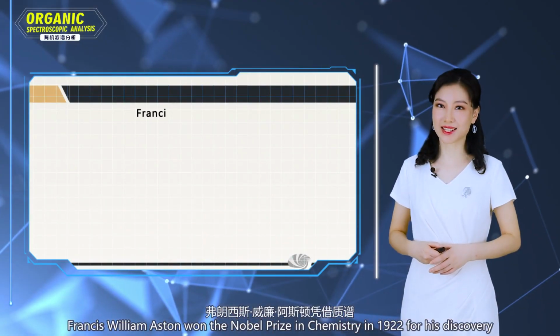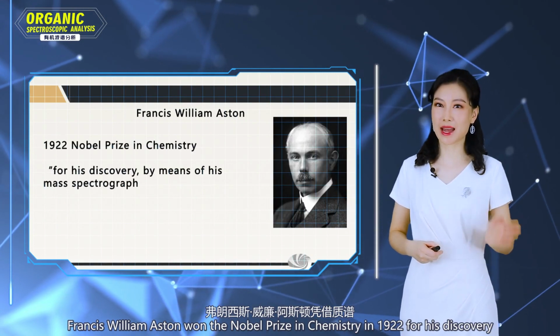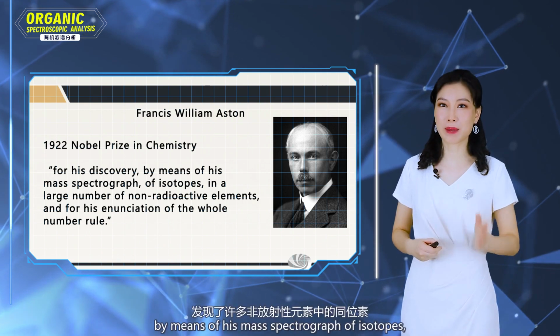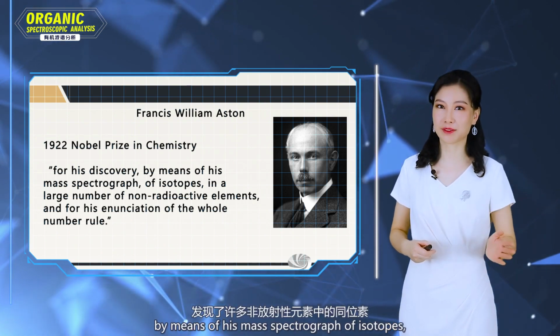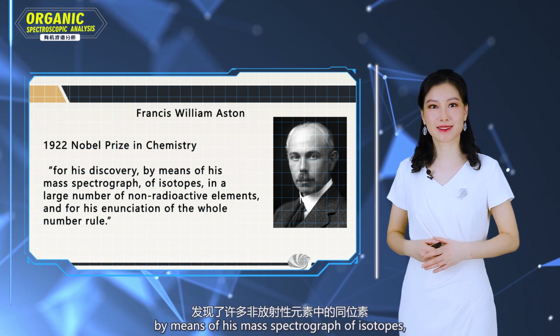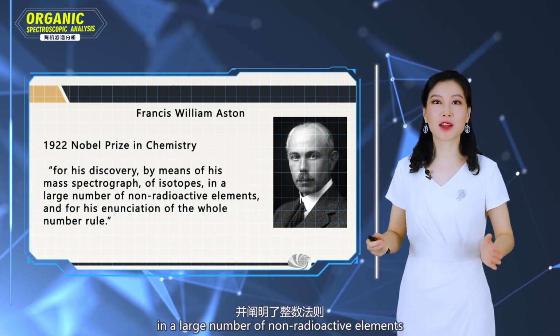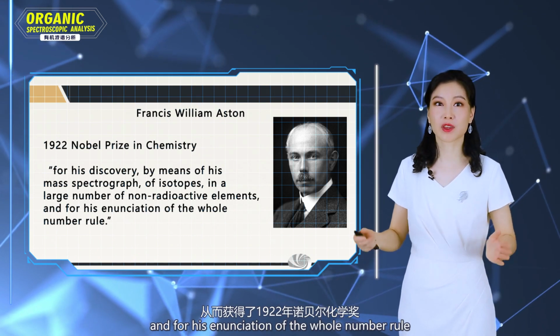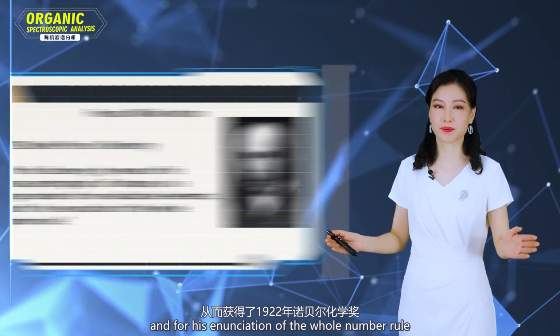Francis William Aston won the Nobel Prize in chemistry in 1922 for his discovery, by means of his mass spectrograph, of isotopes in a large number of non-radioactive elements, and for his enunciation of the whole number rule.